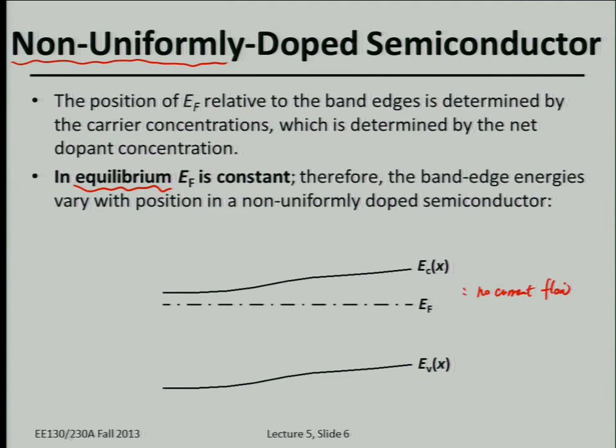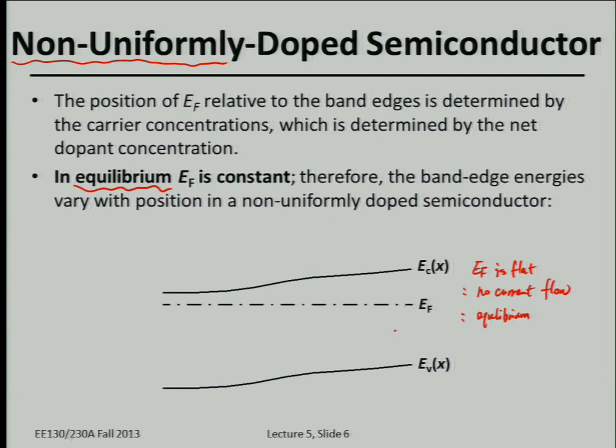So the current is zero, no current flow. That also suggests that the Fermi level, EF, should be flat. That's how we define equilibrium. So EF is flat due to no current flow as well as the equilibrium condition. That's how I draw it here.